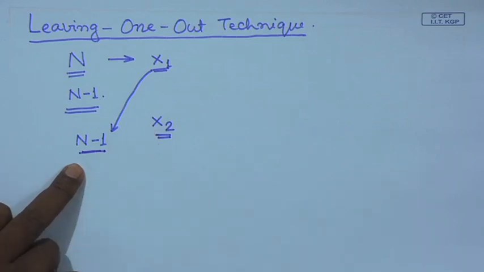So, every time I set aside one of the samples out of the total number of samples n, I design the classifier using the remaining n minus 1 samples, and the sample which was set aside, I use for testing purposes.